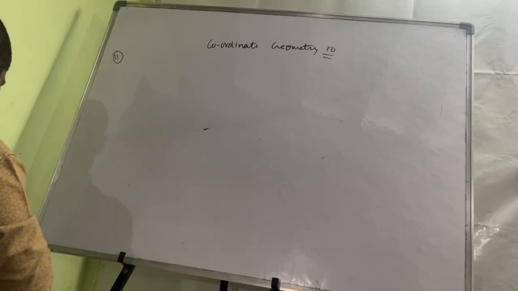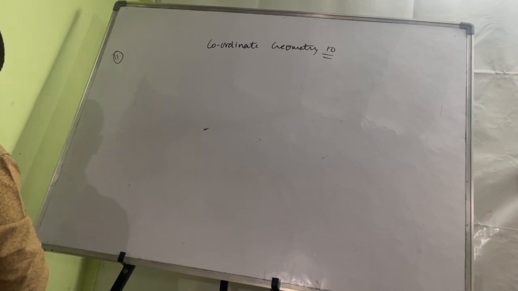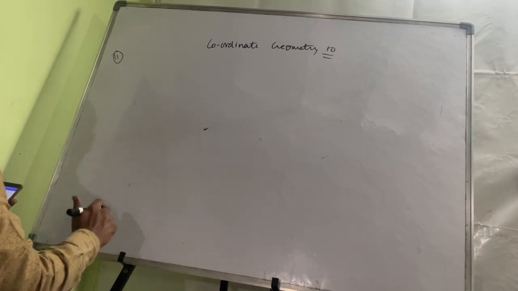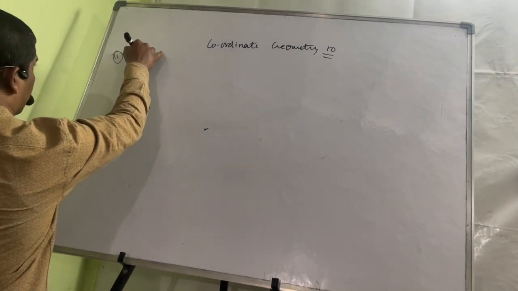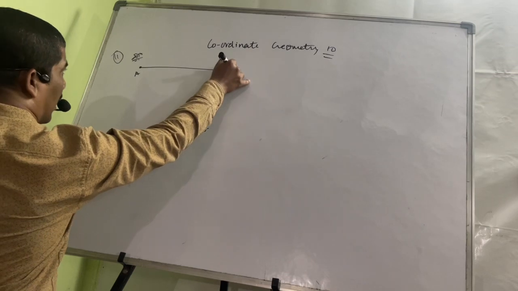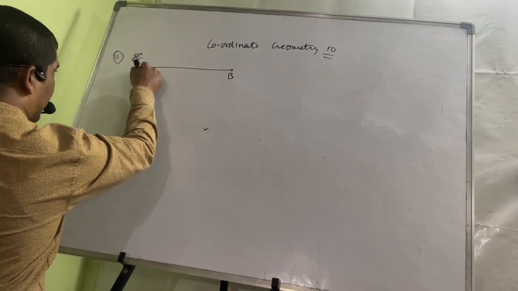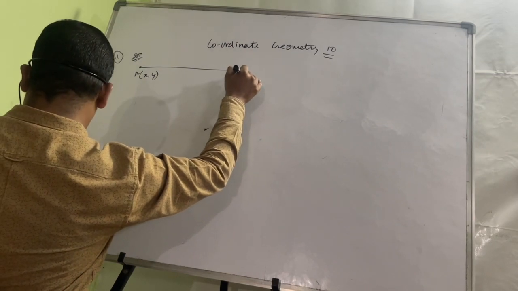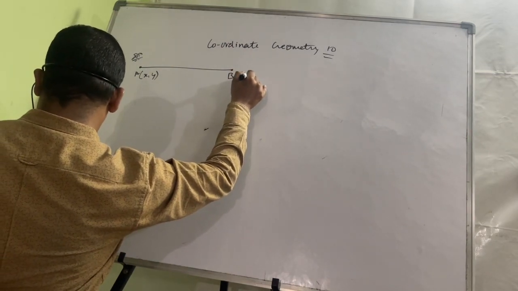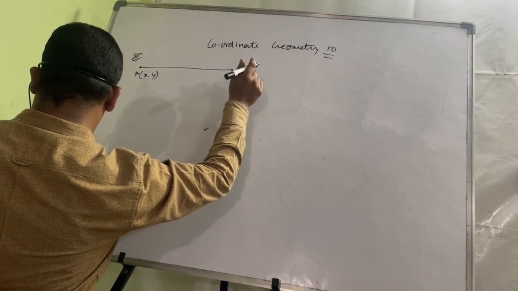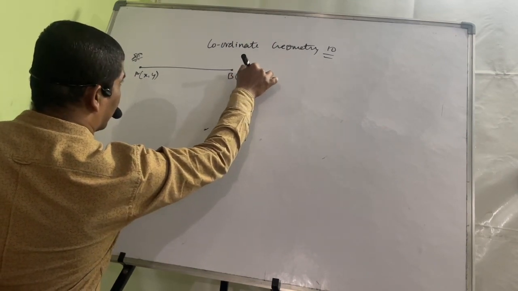So the question is, find the point A when C divides AB in the ratio of 2:3. So there is one line made by A and B. A, x comma y, is not given. B coordinate points have been given to you, minus 5 comma 8.